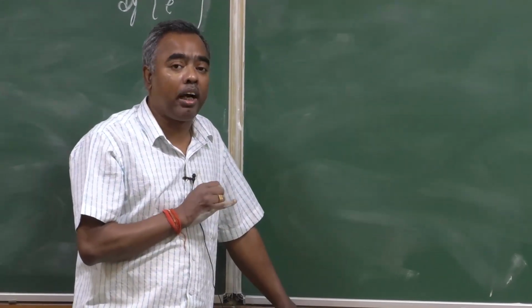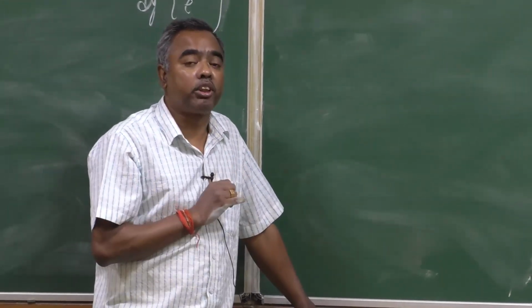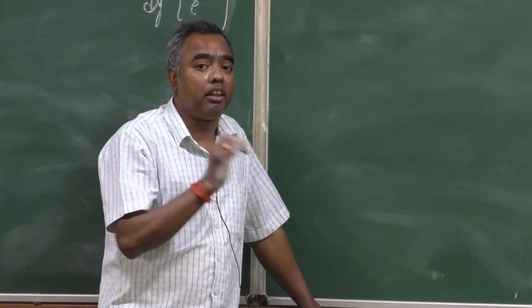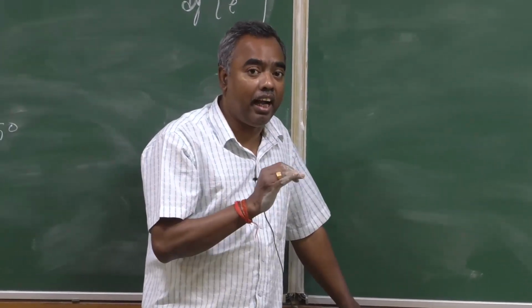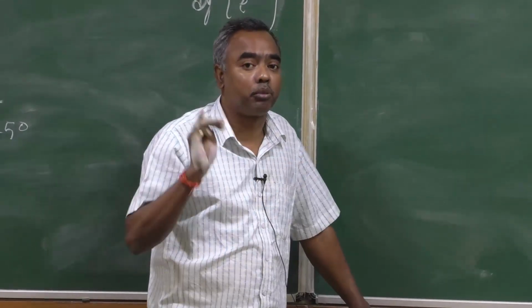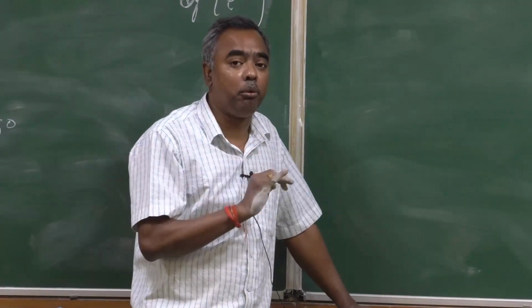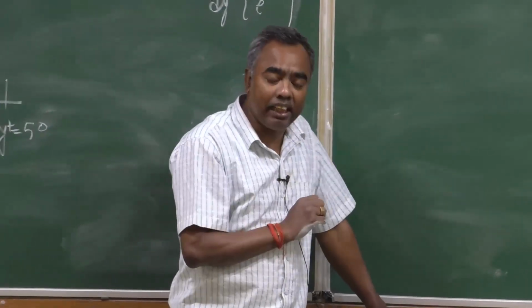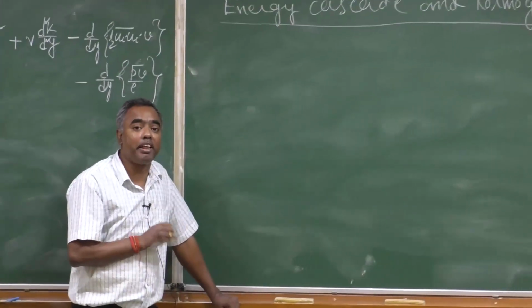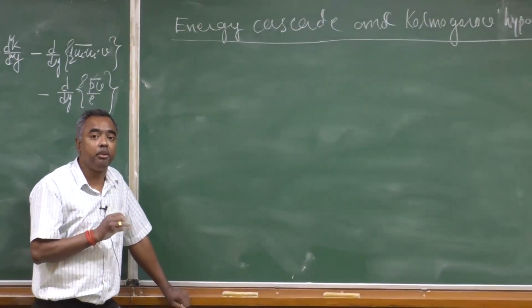There are a couple of questions not yet answered, which Kolmogorov quantified and put forward in his theory as 3 hypotheses. That will be our discussion. Before we proceed, this energy cascade was first discussed by Richardson in 1922.